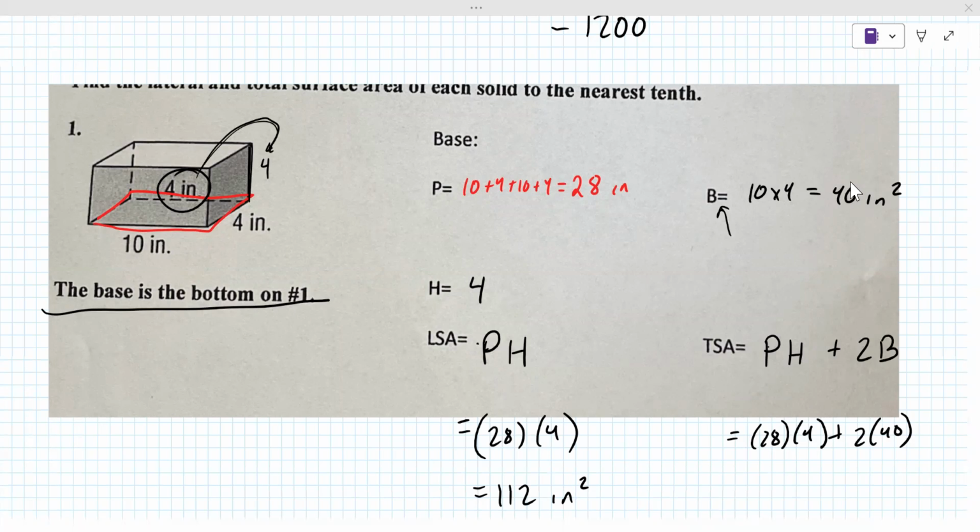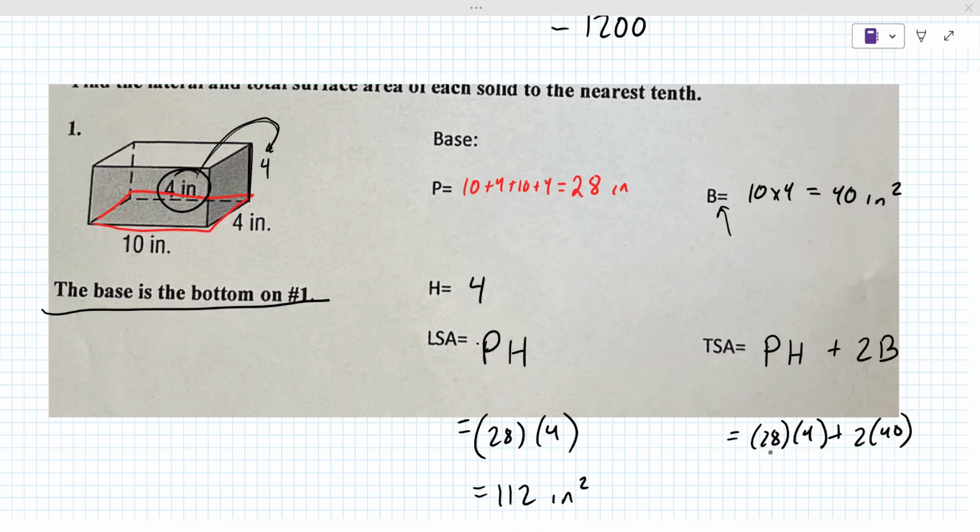So the total is 192 square inches for TSA.